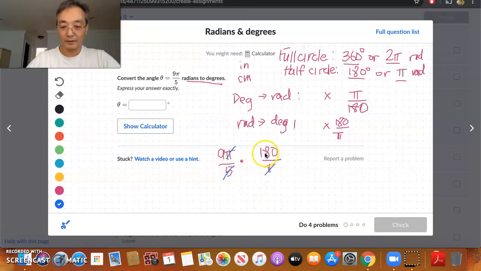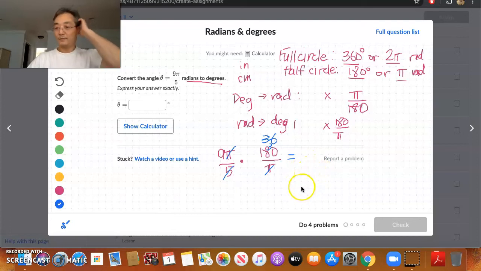Now, 5 goes into 180 how many times? Well, 5 goes into 18 3 times, and then we have 3 left over, and 5 goes into 30 6 times. So I think that's about all we can do for this problem. Let's see what we have left. 9 times 6 is 54, so it's a 4 and carry the 5.